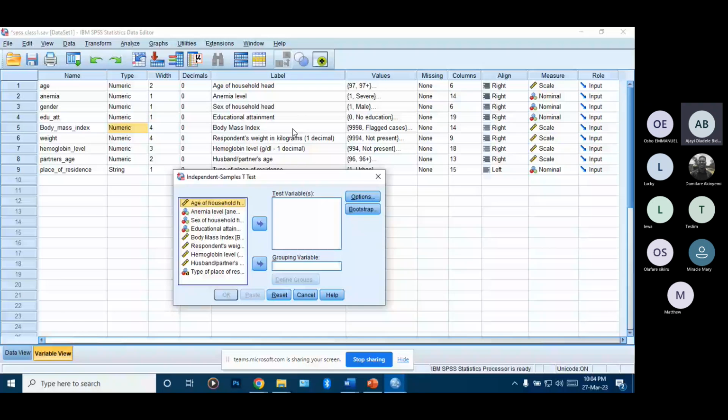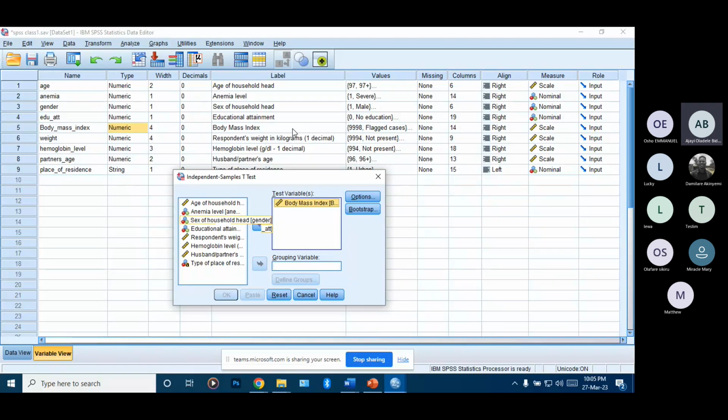Let's look at something else. Let's look at the anemia level. Okay, now let's look at the body mass index as our test variable. We said the test variable must be measured on a continuous scale, right?